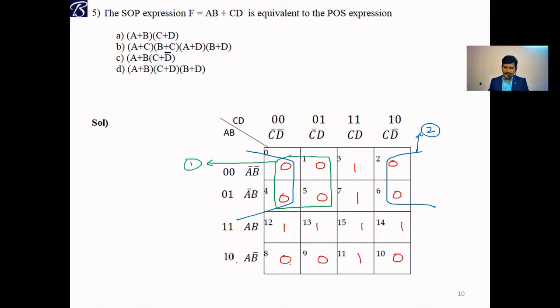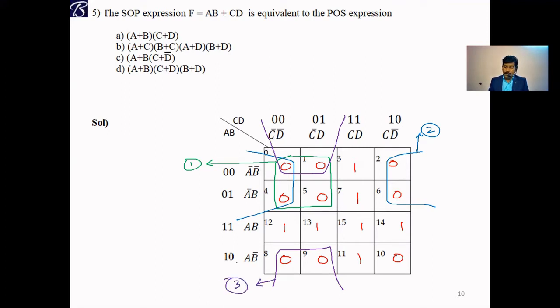So presently leave it. Coming to this 0, only one quad is possible. So let us group that one. So this is 3.